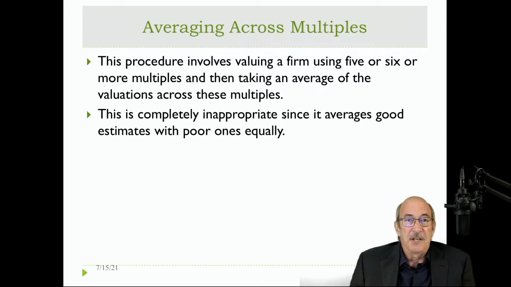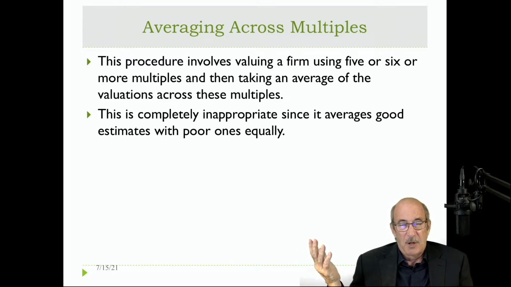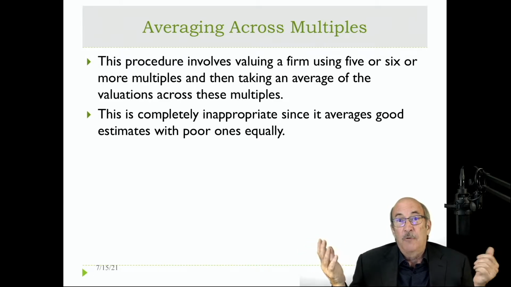Another thing you need to think about is, when I'm looking at multiples, maybe I've got some comparables that are better than others. If I equal weight the average, I'm throwing in some not so good comparables along with some relatively good ones.